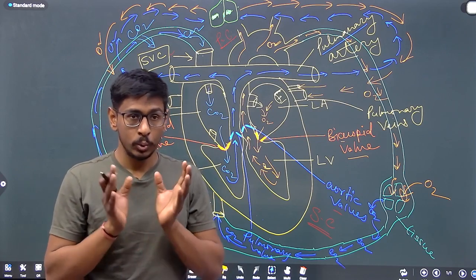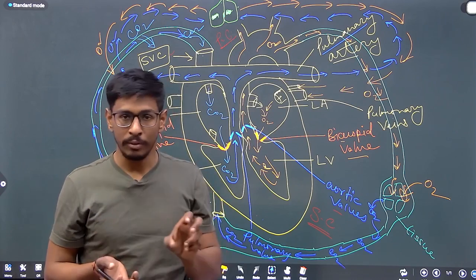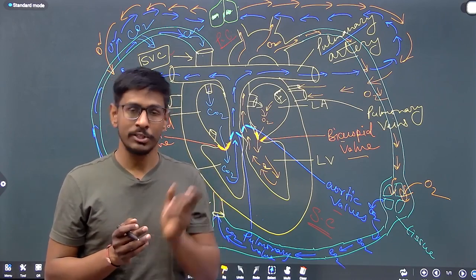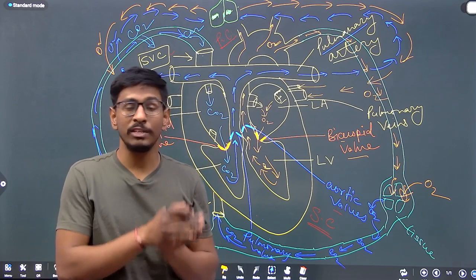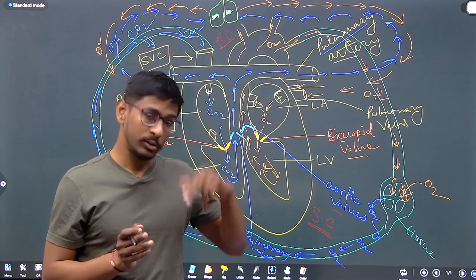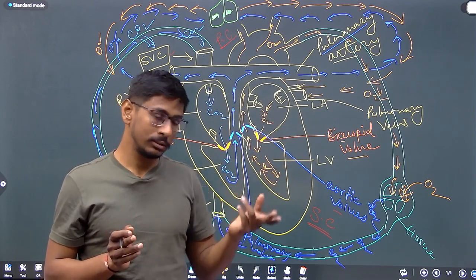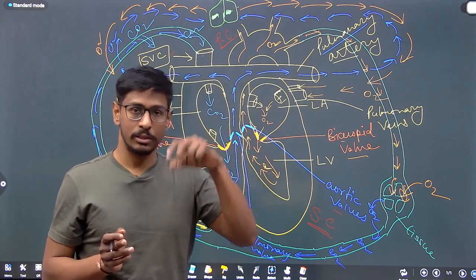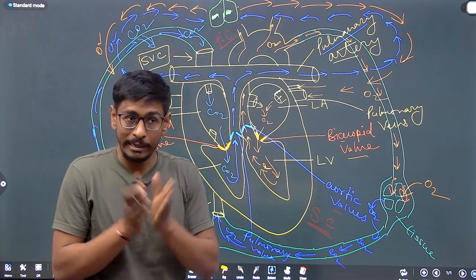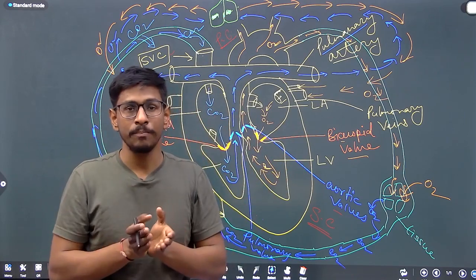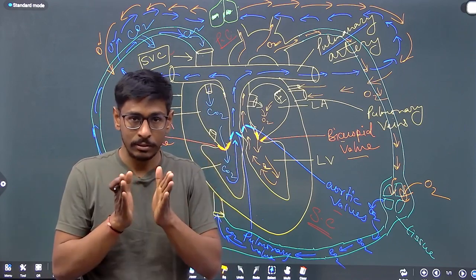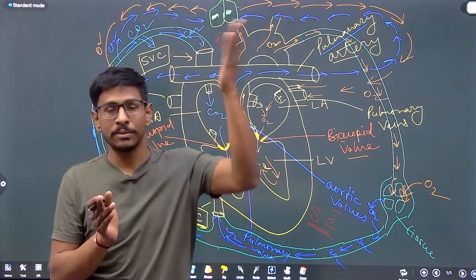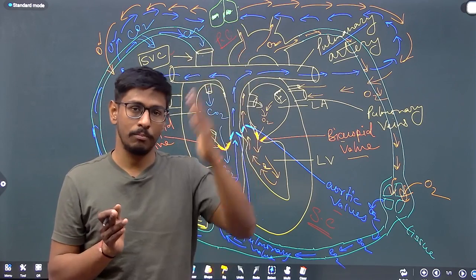Heart is basically a piece of meat which has cardiac muscles, and because of these muscles the blood goes out of the heart and comes into the heart, because when it relaxes blood comes in, and when it contracts it pumps blood out.